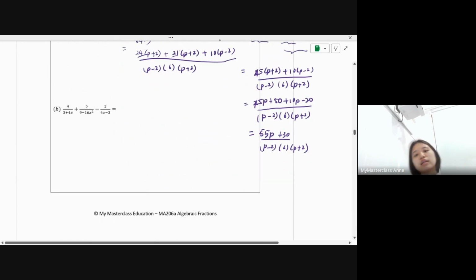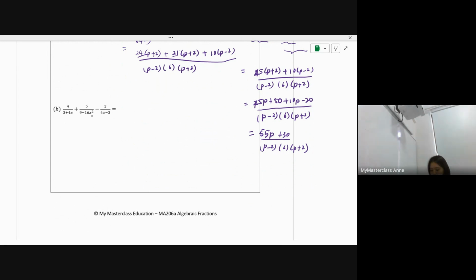Okay, so this is the answer. Now look at the next question. Same thing: 4 over 3 plus 4x, plus 5 over 9 minus 16x squared.